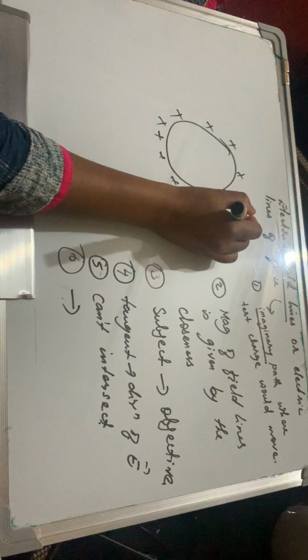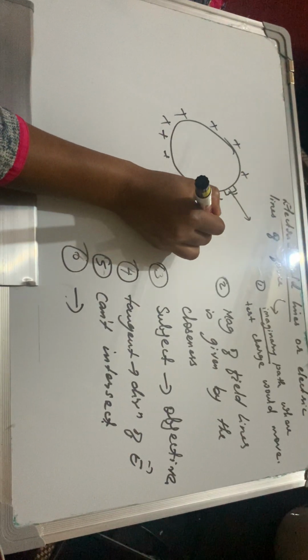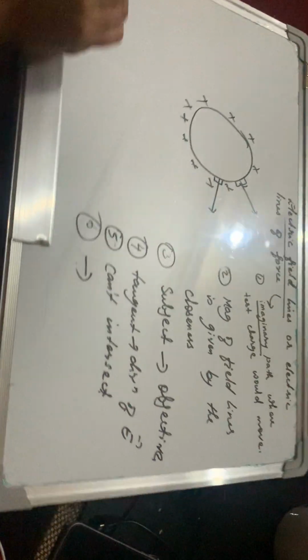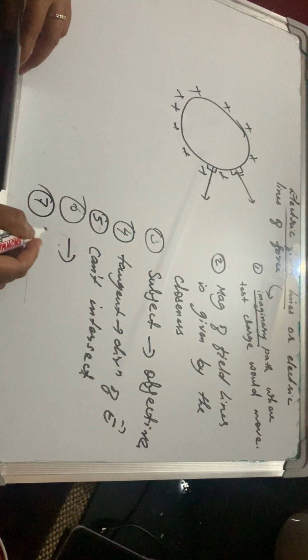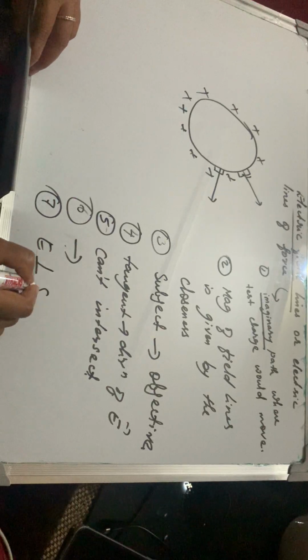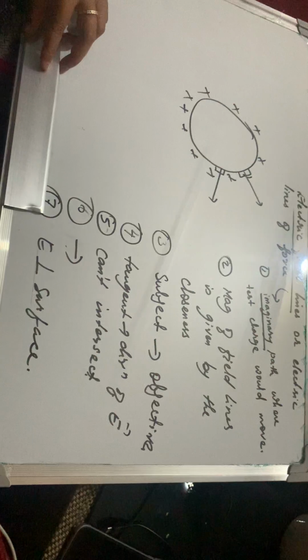The field should always be at 90 degrees to the surface. Very important. In the next 2 chapters we are going to discuss this. So point number 7 would be: E has to be perpendicular to the surface. Students, remember it.